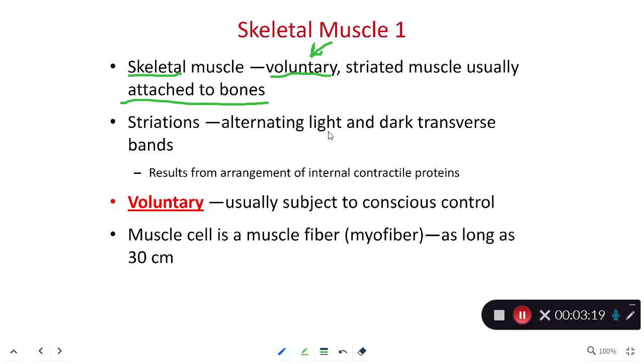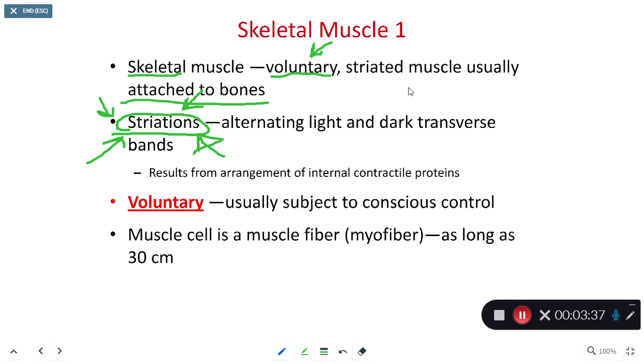A key characteristic of a skeletal muscle is that it has highly developed, very pronounced striations. I'm drawing some arrows. I've circled this term. Skeletal muscles have the biggest, boldest, baddest, most notable striations of any of the muscle tissue types.